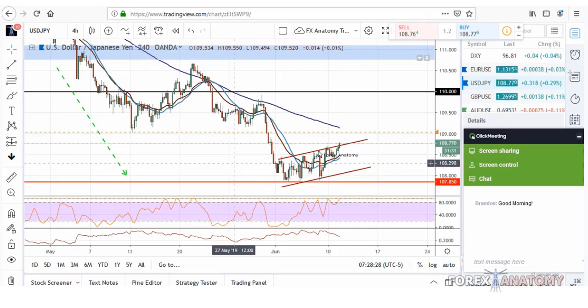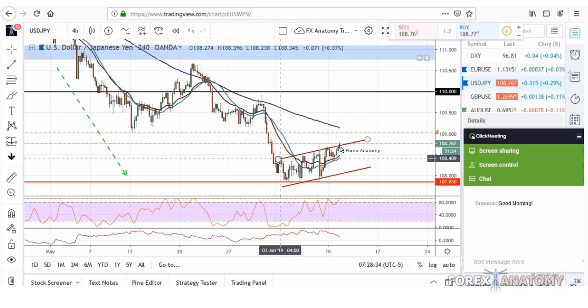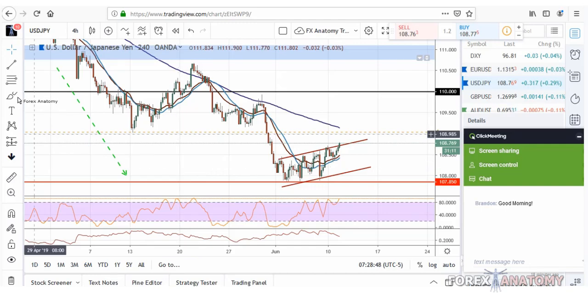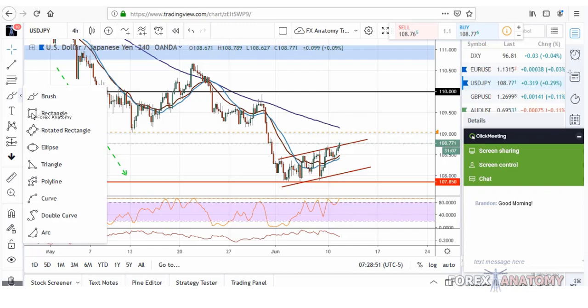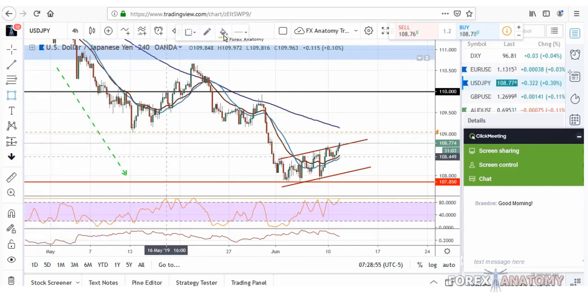However, with the way it's looking right now, we can see that price seems like it wants to break above this ascending trend line resistance, or this channel resistance of this bearish flag pattern. So then we could get a good opportunity to enter a sell order shortly. What I want to identify is this particular zone right here. Let me just draw it in for you guys. We're going to draw in this zone, and let me just change the color.